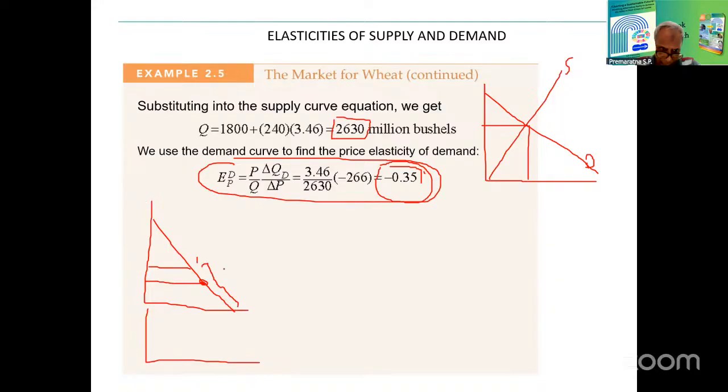Look at somewhere here. So what happened? In this range we know an increase in prices increases the revenue, which means the government also can increase government revenue.